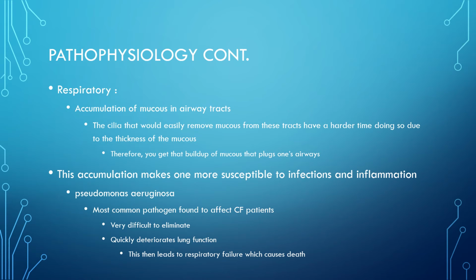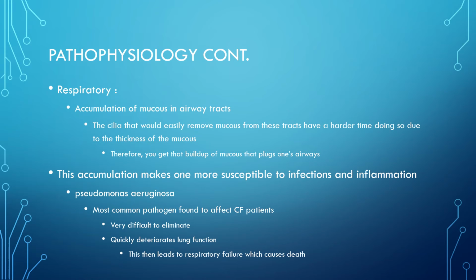This is mainly due to the fact that the ions that would usually reduce the thickness of these secretions are not active, they're not working. This then allows the secretions to remain thick and build up.